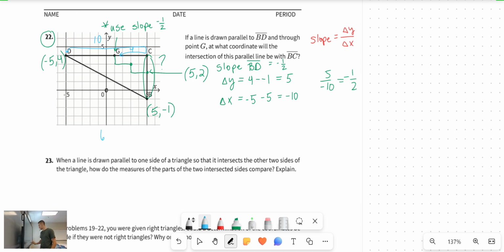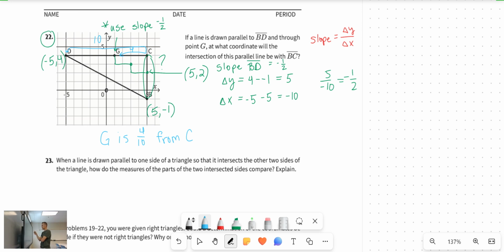So G is 4/10 of the way from C to D. So it's 4/10 from C. All right, so it's 4/10 of the whole way.